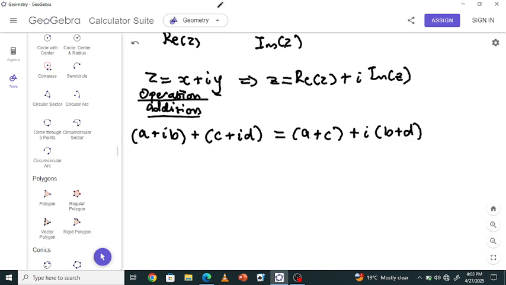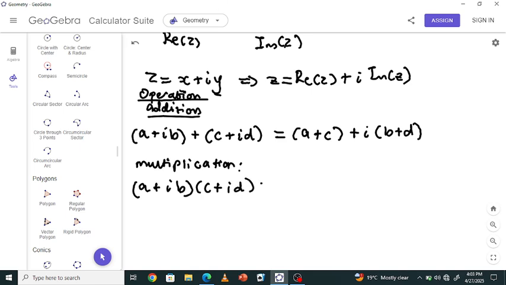We have multiplication. We have a plus ib, that's our one complex number, and we have another complex number c plus id. Then we conduct the normal multiplication.